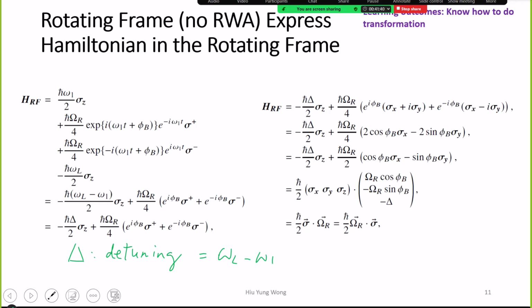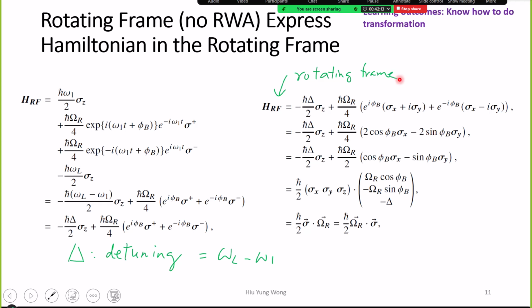Another thing is that now I have sigma plus, so I decided to go here and plot back sigma plus as sigma x plus i sigma y, and sigma minus as sigma x minus i sigma y. Then I go through the math and I come up with the final Hamiltonian in the rotating frame. Remember, this is in the rotating frame already. So I'm already on the merry-go-round.